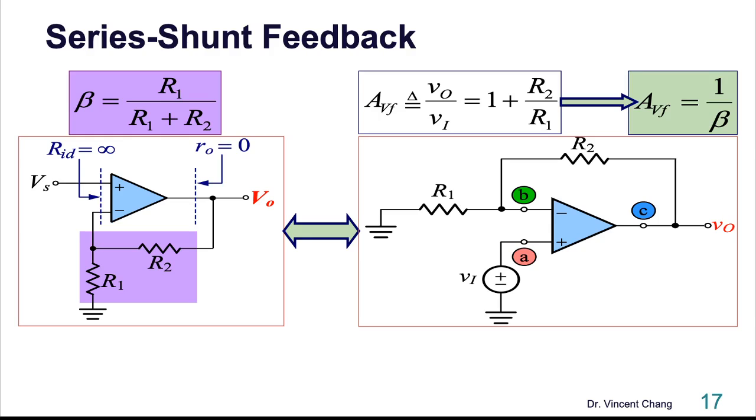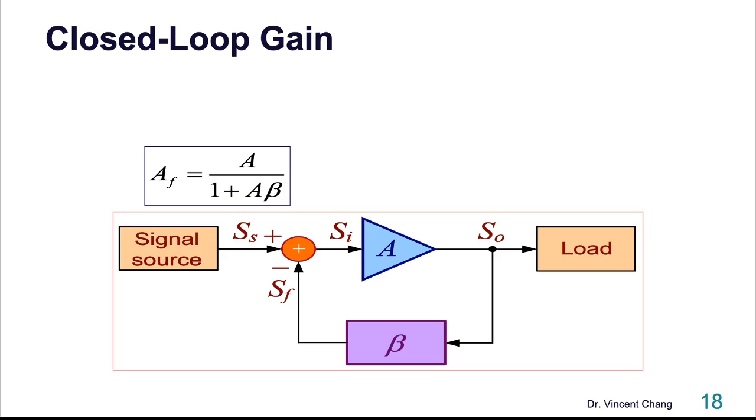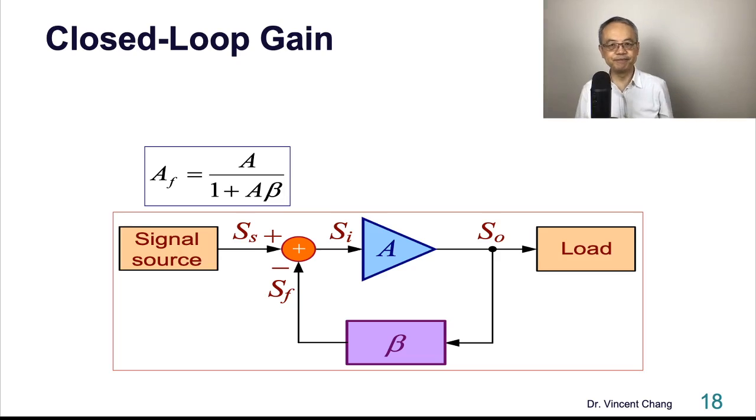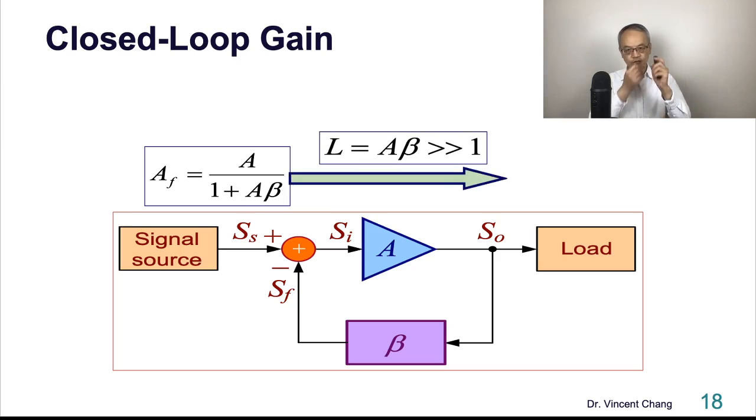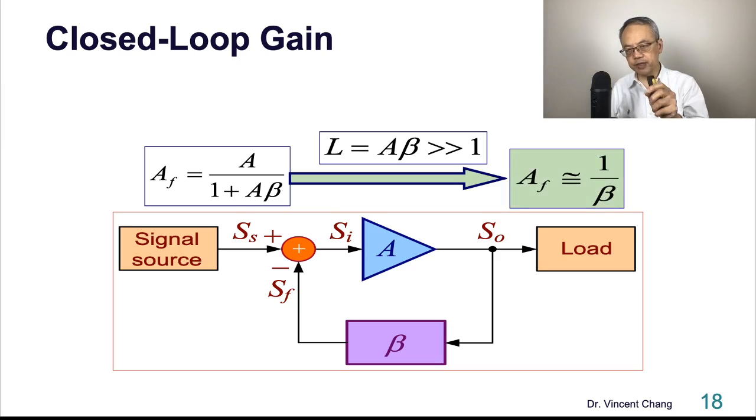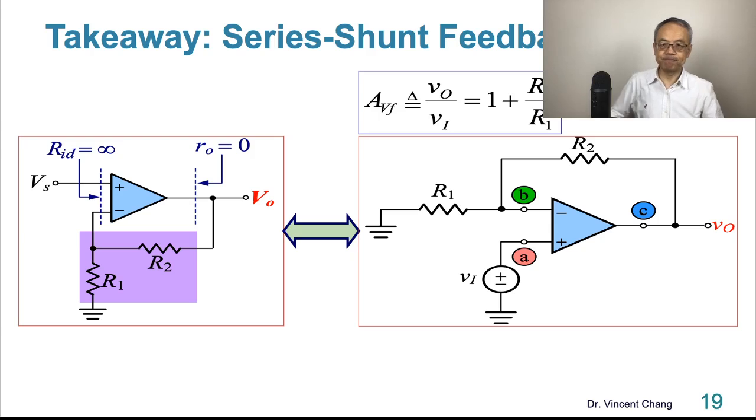Beautiful. Remember this, because in many cases the loop gain is greater than 1. When the loop gain is greater than 1, the closed loop gain will be solely determined by beta. It's 1 over beta. So I've almost come to the end of the lecture.